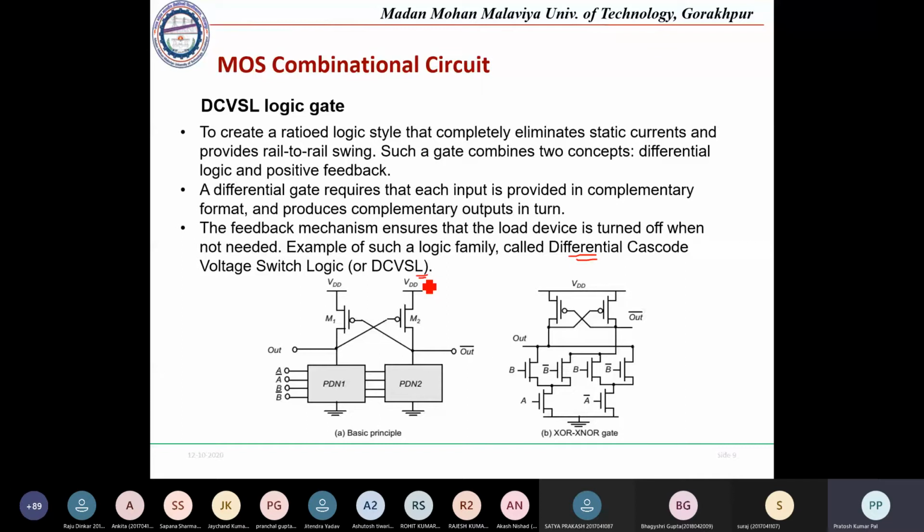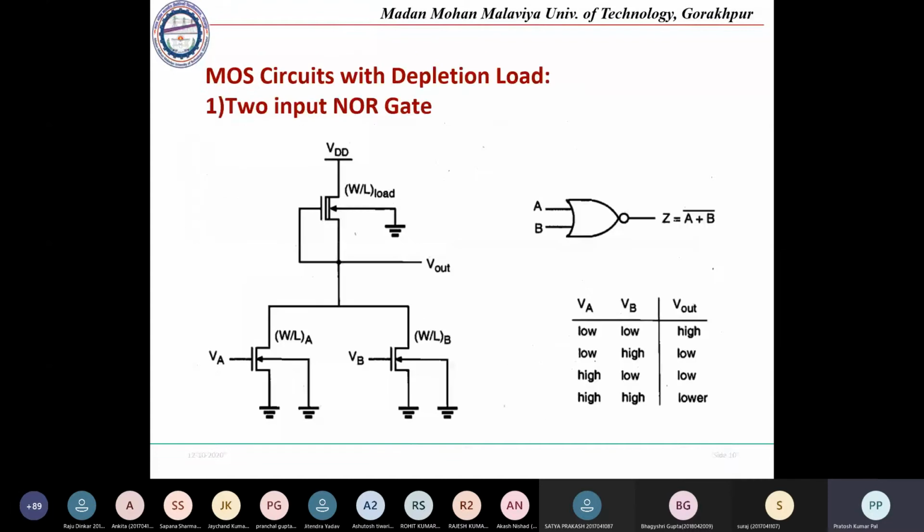Okay, this is just an overview. Once we analyze the circuit, we will consider a simple depletion load.